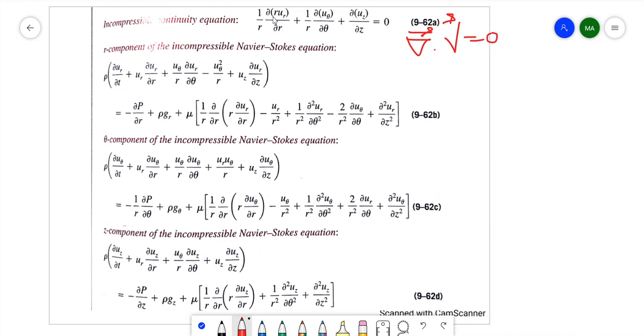But what happens here is that the derivative of the unit vector in cylindrical coordinates sometimes has a value. It's not 1.